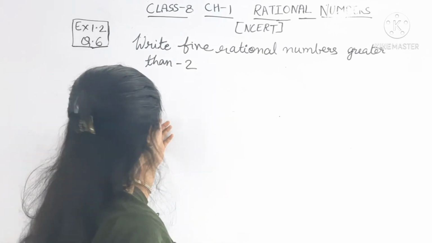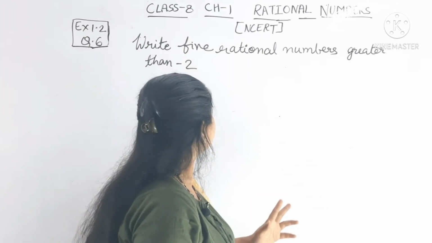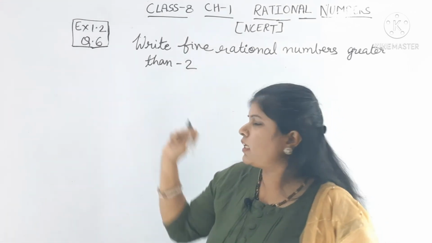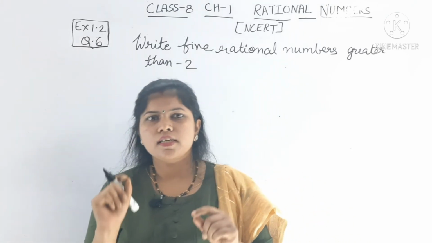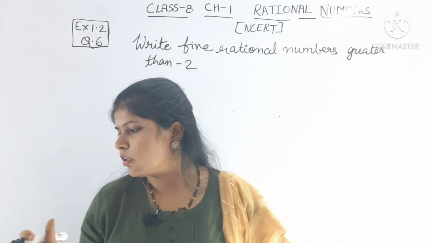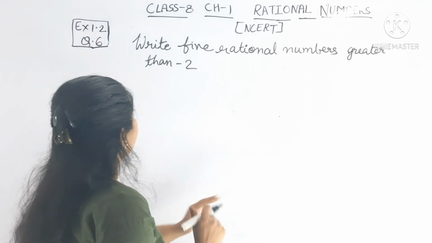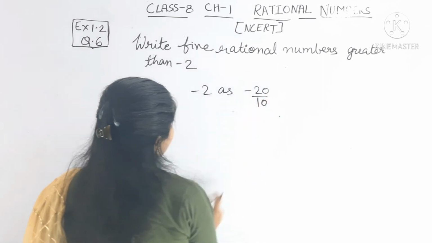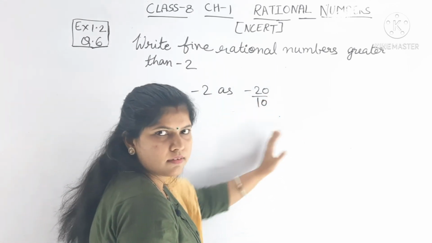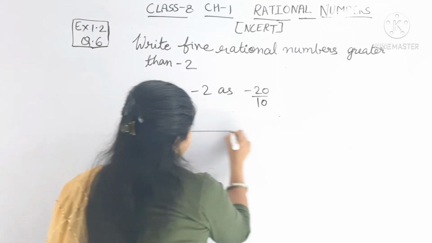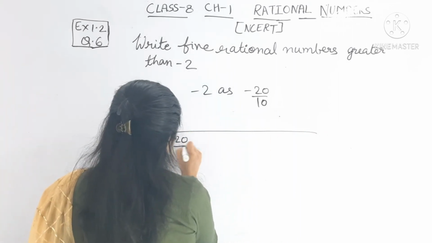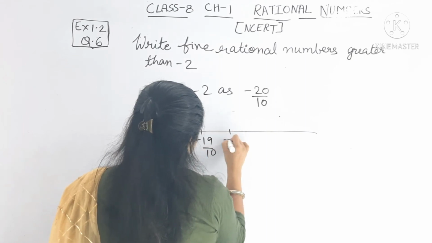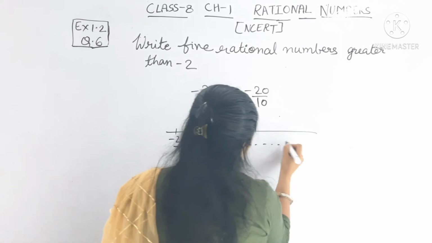Okay students, now let's see question number 6. What is question number 6? You have to write 5 rational numbers that are greater than minus 2. We had seen smaller than 2 in previous questions. You can write minus 2 as minus 20 by 10. Greater means from left to right. So here is minus 20 by 10, minus 19 by 10, minus 18 by 10, and so on.